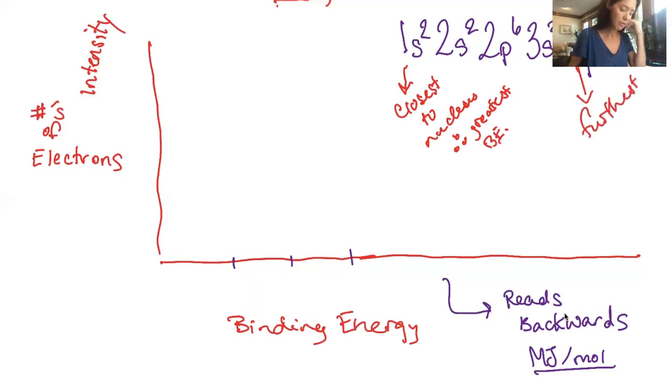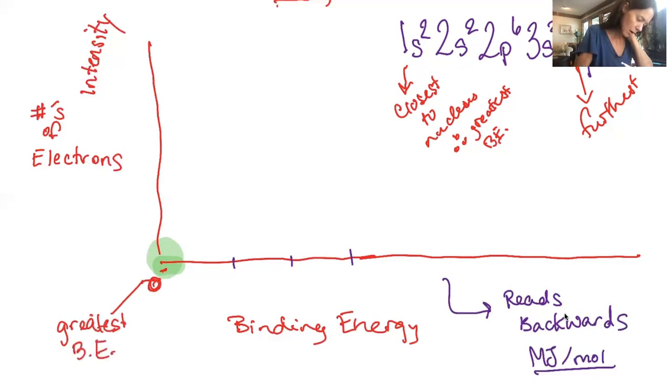Now we can learn a lot from this right here. So we've already said that over here is where we are going to have the greatest binding energy, right? The greatest binding energy is here. This area here, greatest binding energy. We're going to call that BE, right?